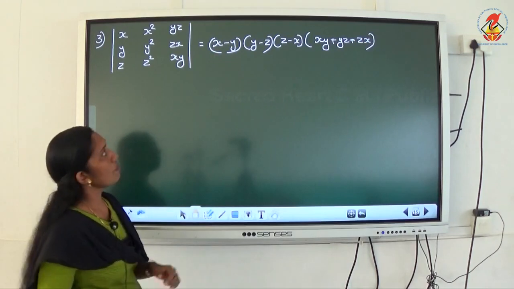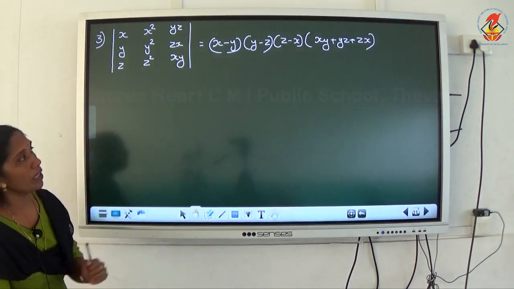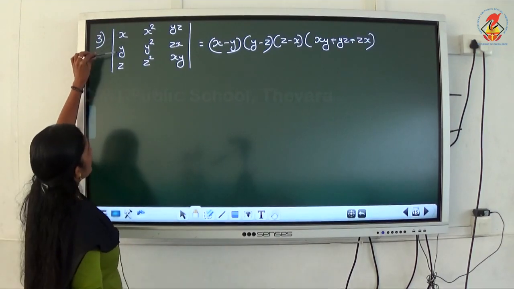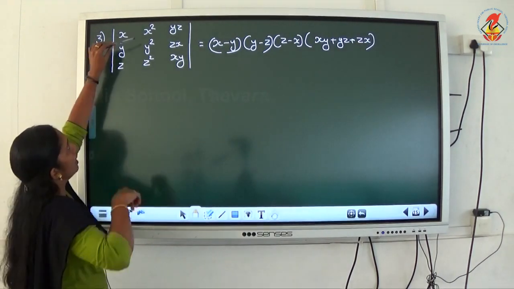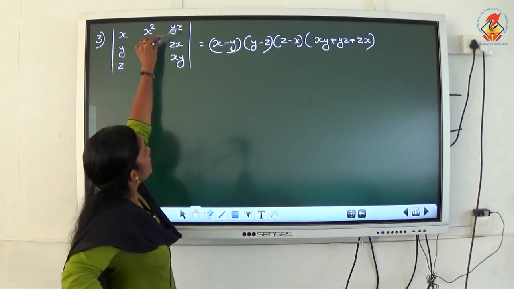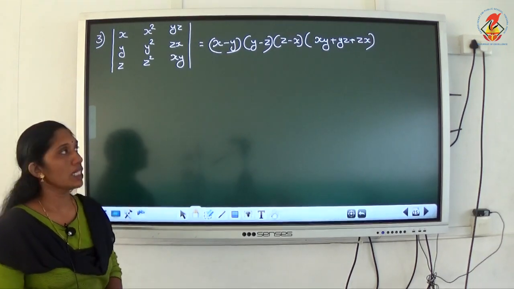We have x minus y, y minus z. So check how we get x minus y: x is here, y is here, when we subtract, x square minus y square, there also x minus y, yz minus zx, when we take z outside there also you get it.